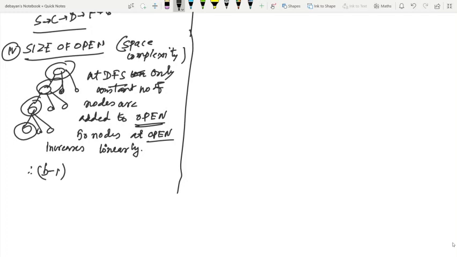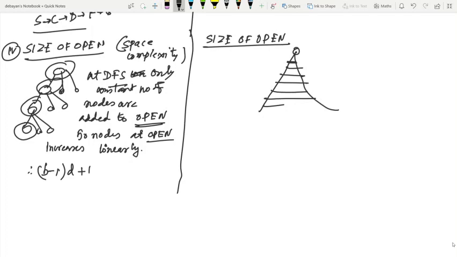But if we consider BFS, then the nodes in closed will be like that. These are the nodes closed at each level, because it is searching level-wise. So that is the number of nodes in open.